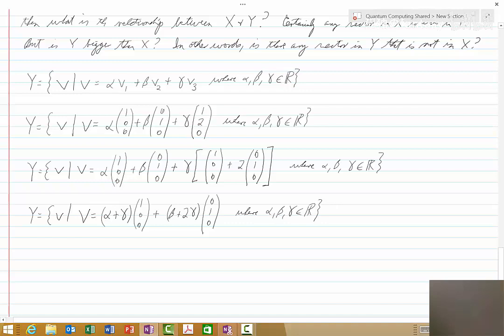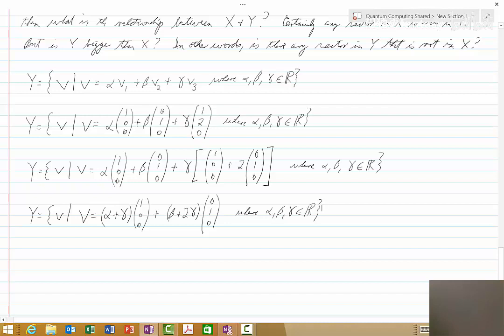We have now seen that y is really just the set of all linear combinations of just these two vectors, because that third vector that we had really could itself be written as a linear combination of V1 and V2.